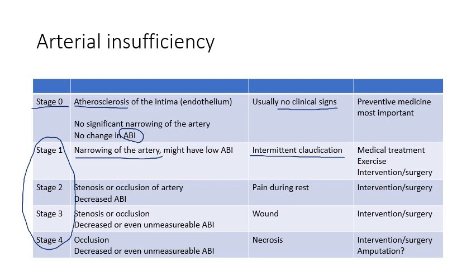At this point, it's important that we don't jump straight to surgery or intervention. So it all depends on how far the patient is able to walk and how much potential they have to build up collateral circulation.